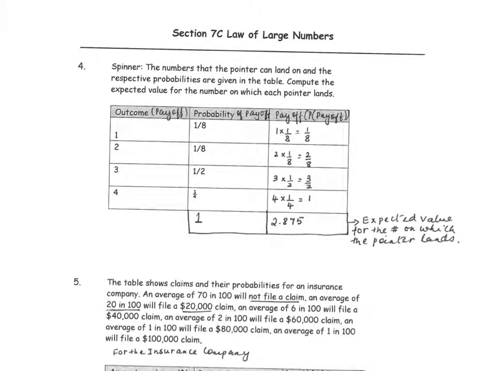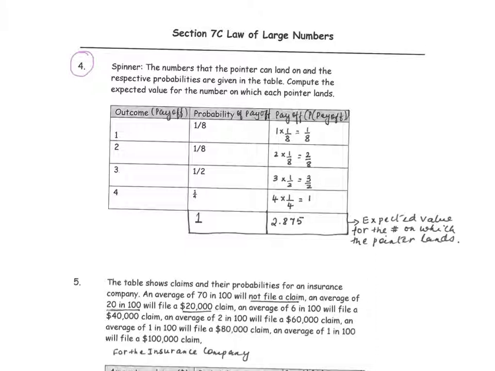So in this video, we'll do some more problems on expected values and more real world applications of expected values. In problem 4, we have another gambling game, a spinner, and the outcomes are 1, 2, 3, or 4.